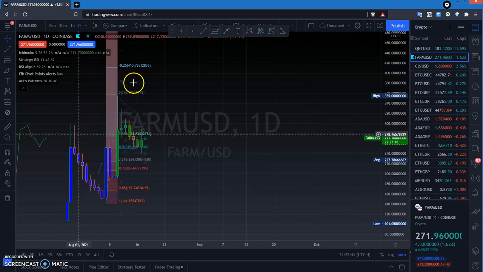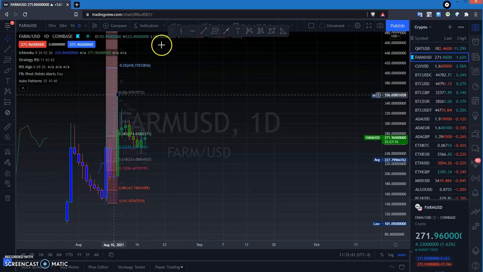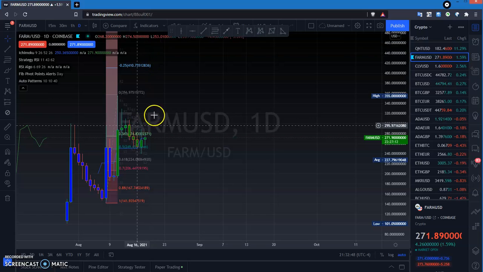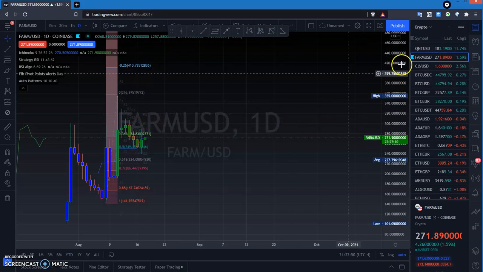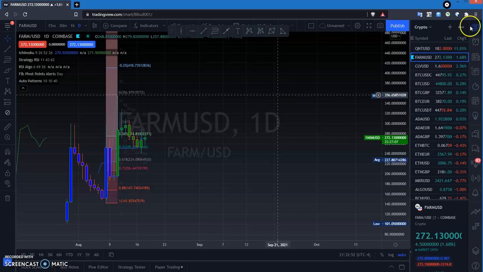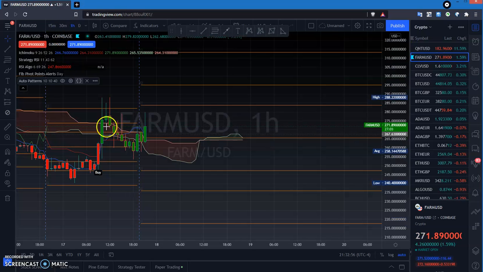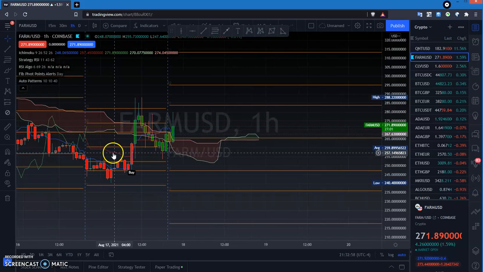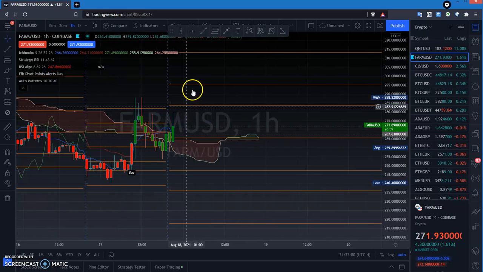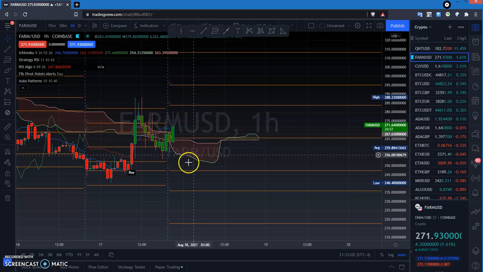But this is nice. These things come up and then they go boom, they crash. And it's the only thing going right now. I like this. This is resistance 1, 2, 3, support 1, support 2, support 3. This is going above this area of support.